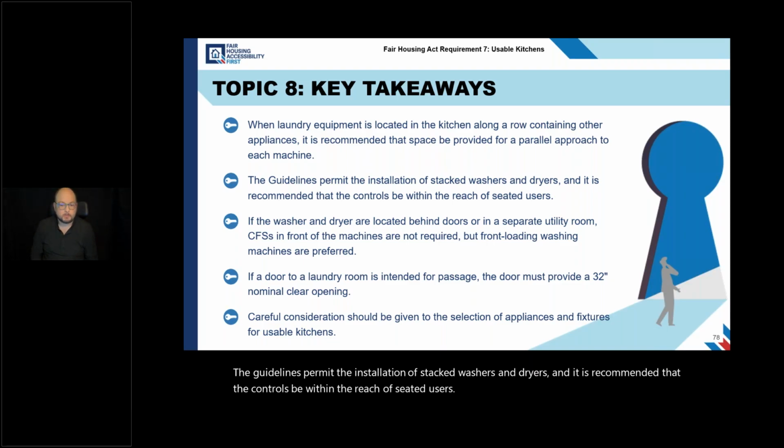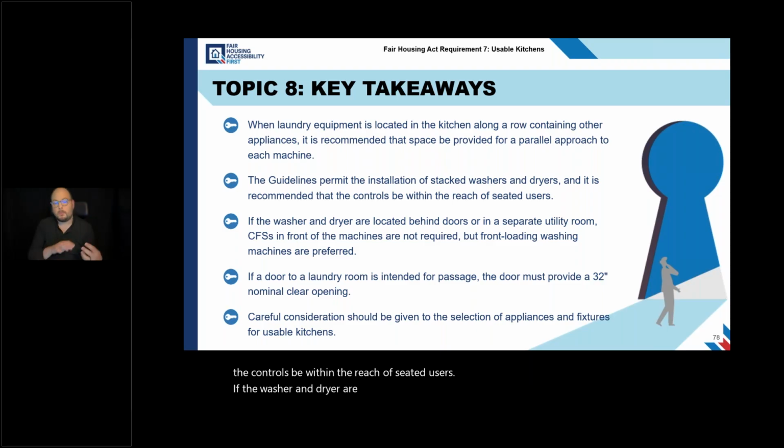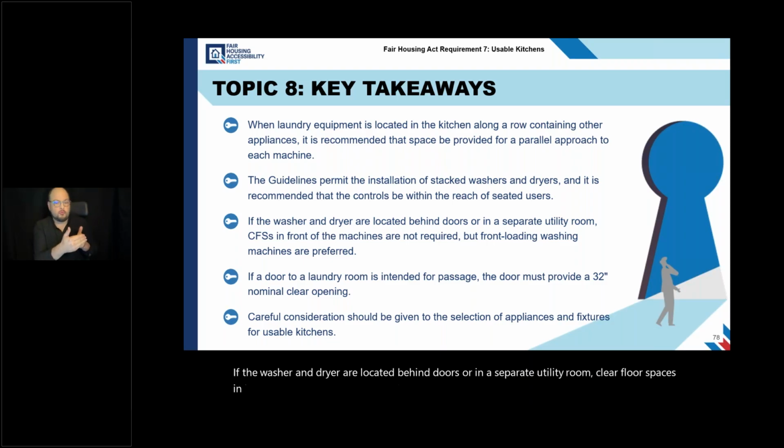If the washer and dryer are located behind doors or in a separate utility room, clear floor spaces in front of the machines are not required, but front-loading washing machines are preferred.